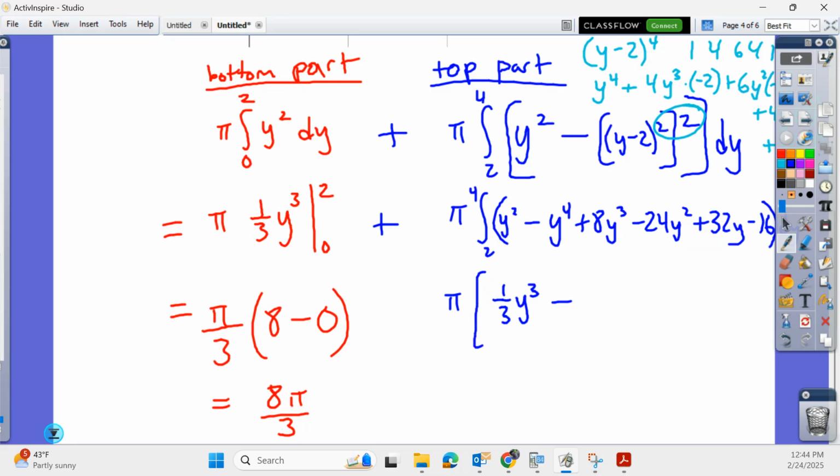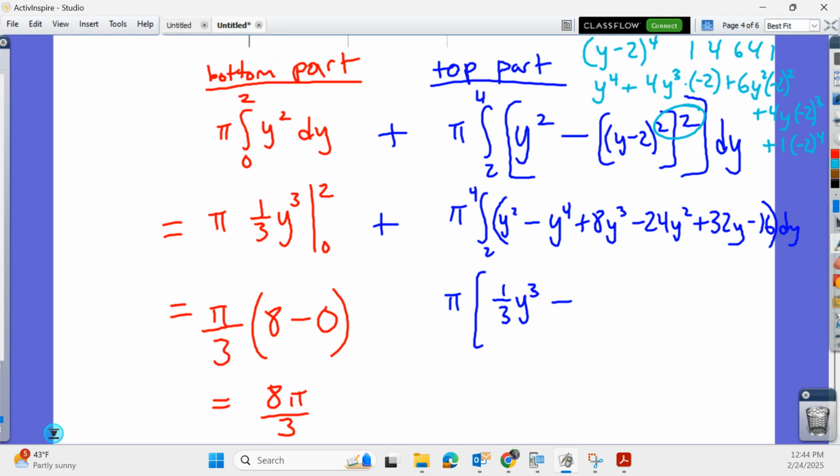And so 1/3 y cubed and minus 1/5 y to the 5th. This is going to end up being a little bit ugly. Plus y to the 4th over 4, but there's an 8 there, so 2y to the 4th. And then we've got y to the 3rd over 3, divided the 24, you get 8, so minus 8y to the 3rd.